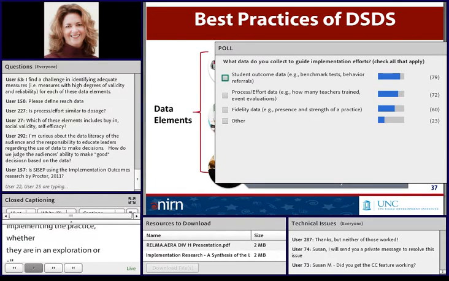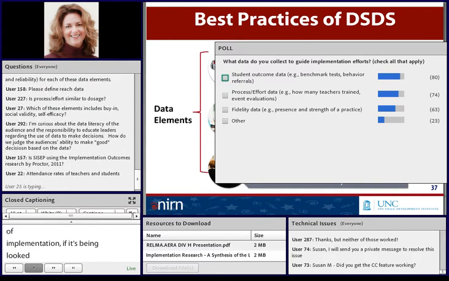Where are they in their stage of implementation, if it's being looked at at a school level, for example, was reach. I think there was one more question, and I can't see it now. Attendance rates would be another type of process effort data as well. Let me scroll up here to see.